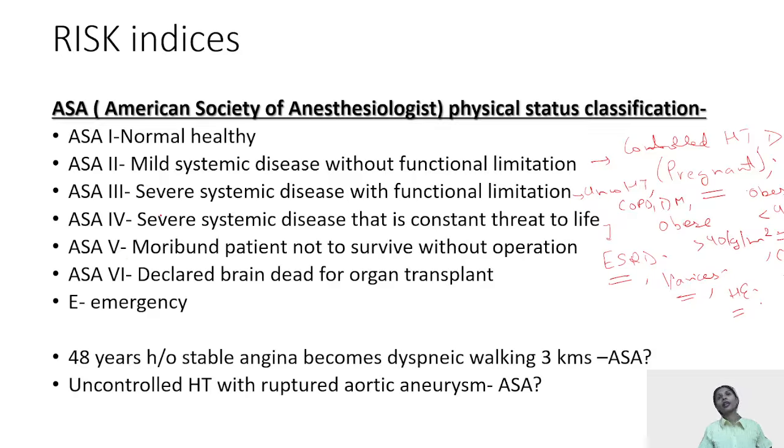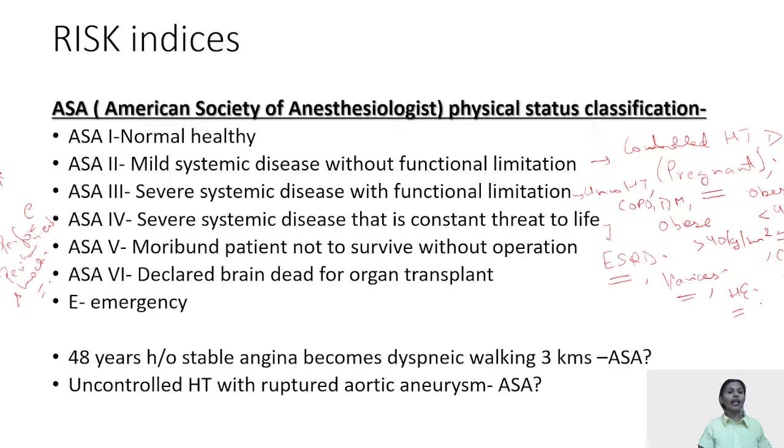ASA 5. ASA 5 is such moribund patients that without operation, the patient is not going to survive, like a laparotomy or a patient of perforation peritonitis, especially if the patient is in shock. The patient is so moribund that if the patient does not undergo surgery, then the patient will never survive.